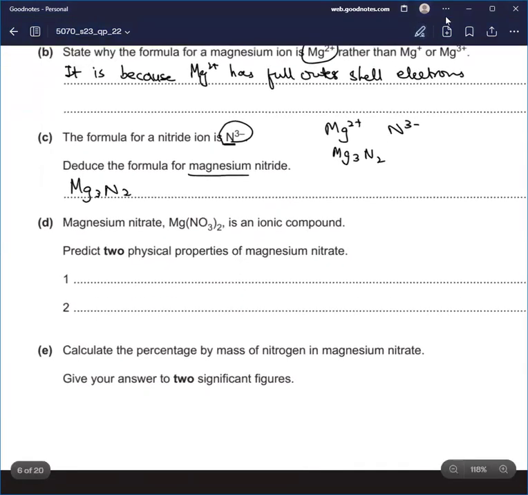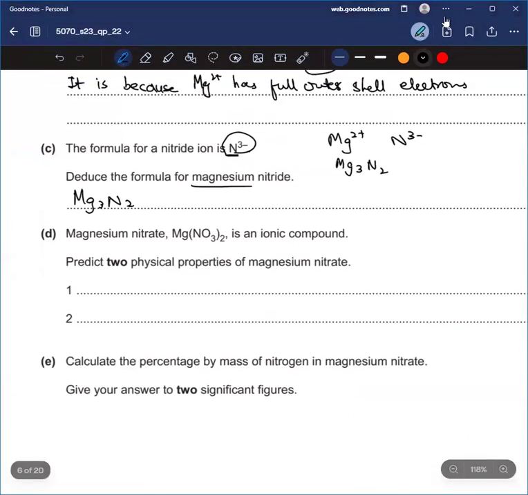Okay, so the next part: magnesium nitrate is an ionic compound. Give two physical properties of it. Ionic compounds are soluble in water and they conduct electricity in aqueous state.